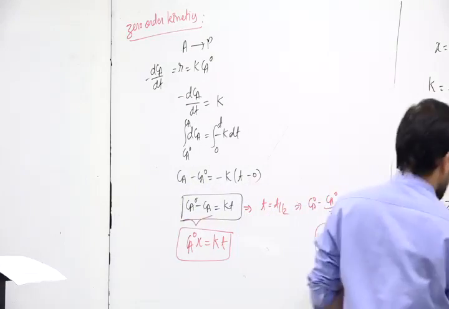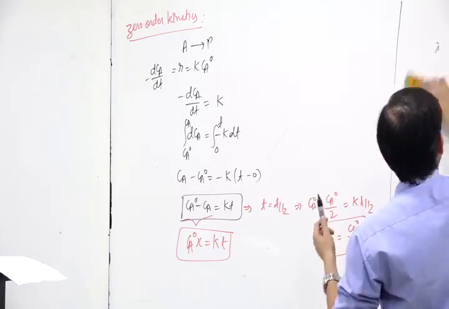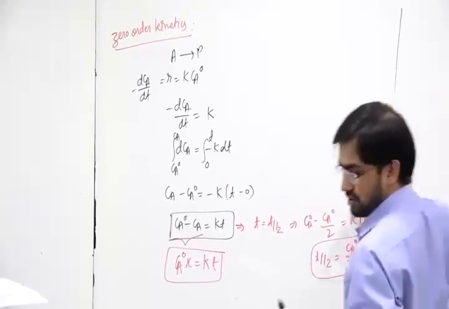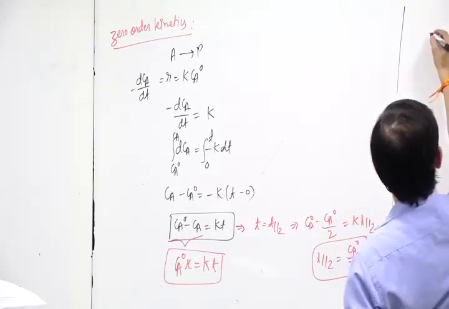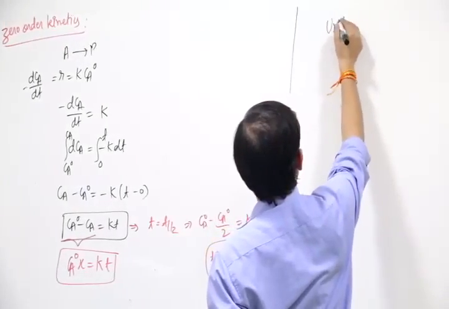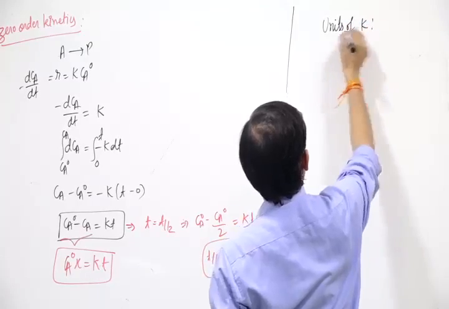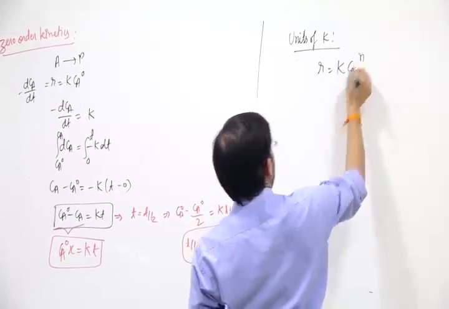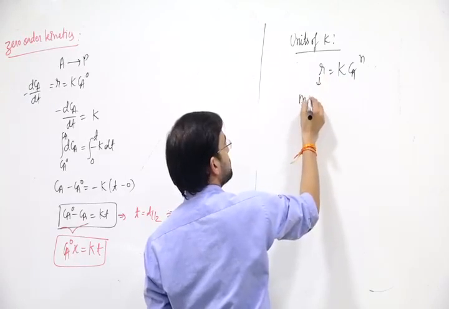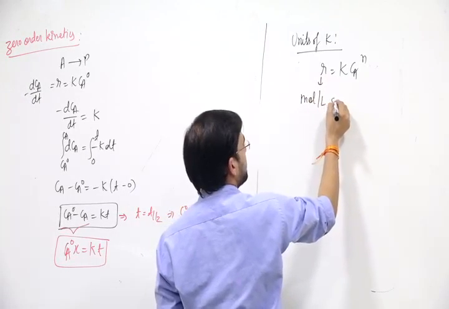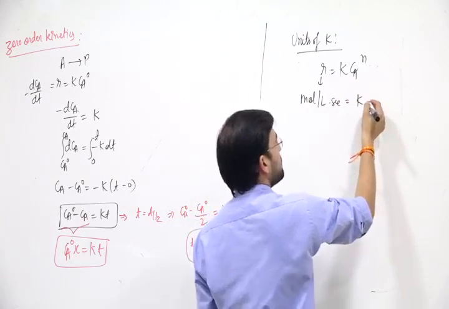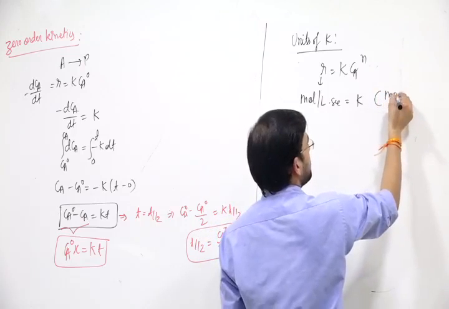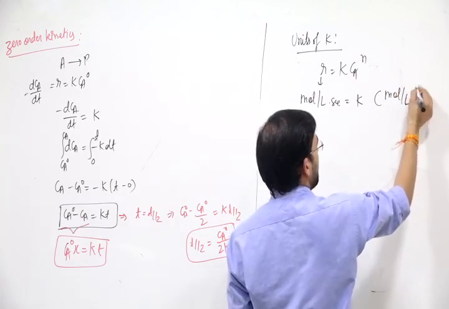One more point is there. We need to also understand the unit of K. So the unit of K goes like this. R equals K Ca power n. The unit of R is moles per liter per second. K unit we want to find out. Ca is moles per liter power n.